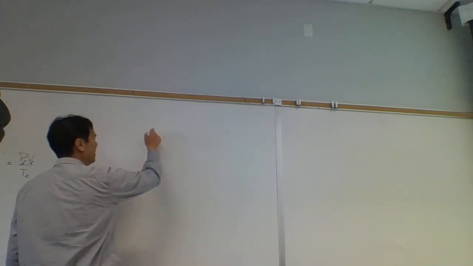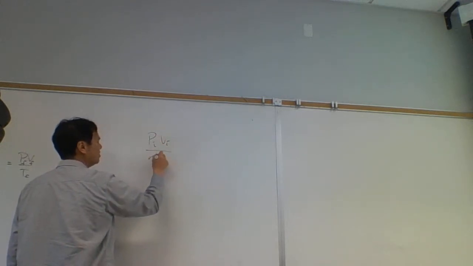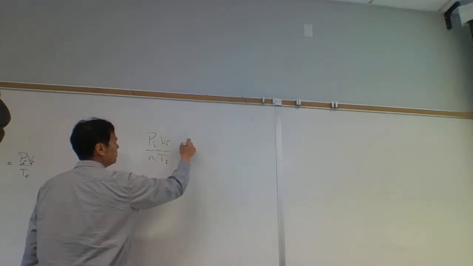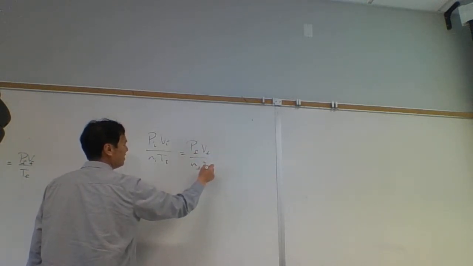This is initial, initial, initial. This would be final, final, final here. We have this one too. We have P initial, V initial over n initial, T initial is equal to P final, V final over n final, T final.